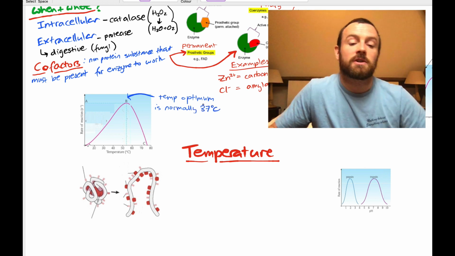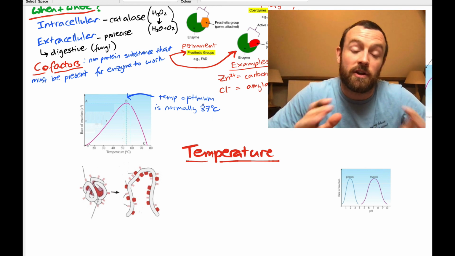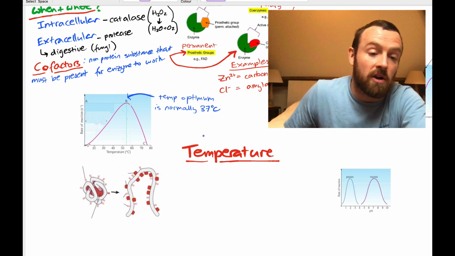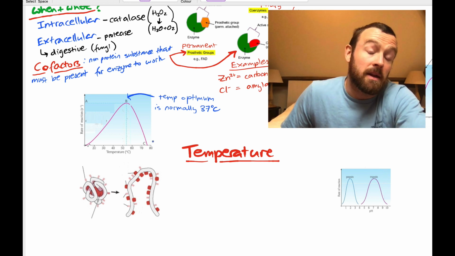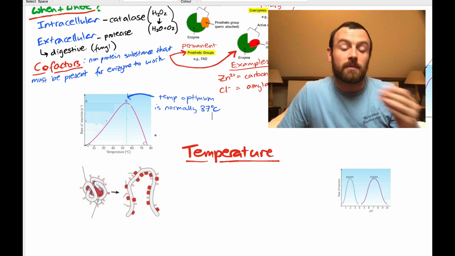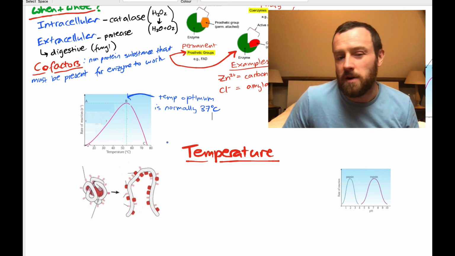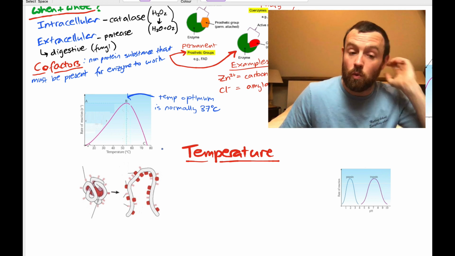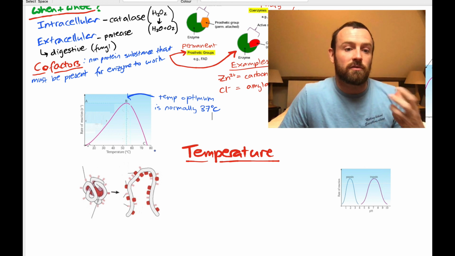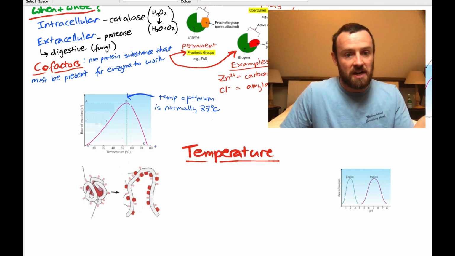But the vast majority of enzymes have their optimum temperature at 37 degrees C. This graph here probably shows us that this enzyme might be an enzyme that has been engineered to work in a high temperature environment by humans.